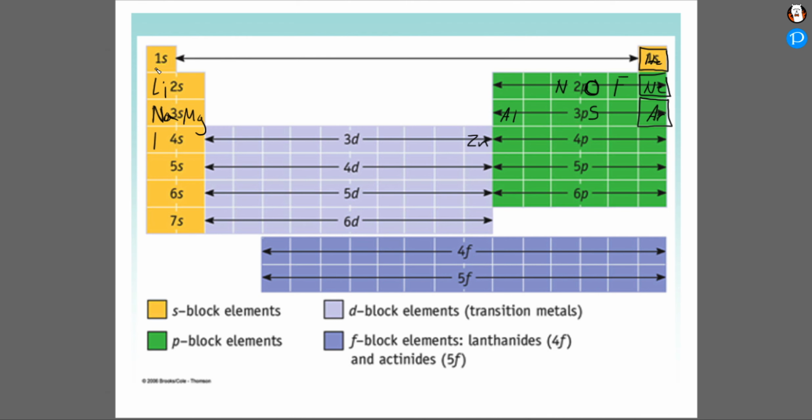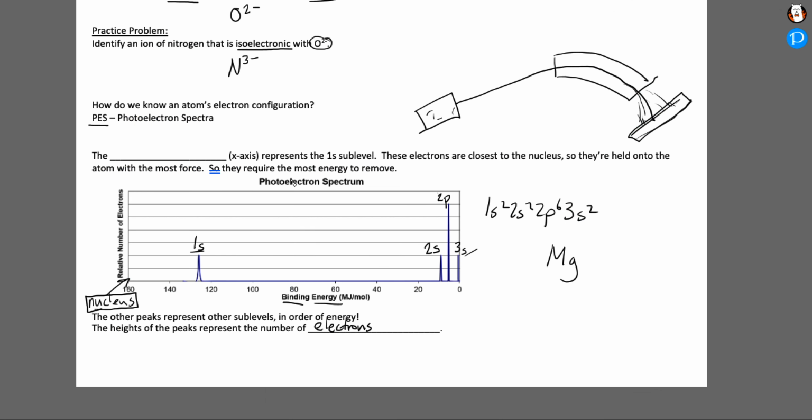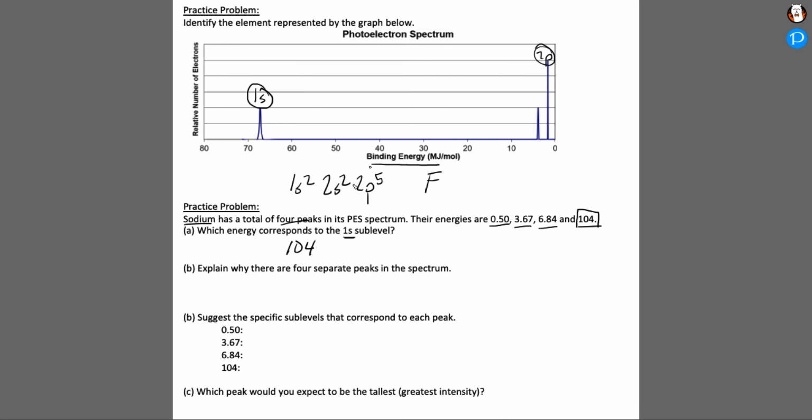So it has to do with all of the different sublevels. Whoops, I keep going to the wrong screen here. So to explain why they have 4 separate peaks, we could say that there are 4 different sublevels, and we could list those out.